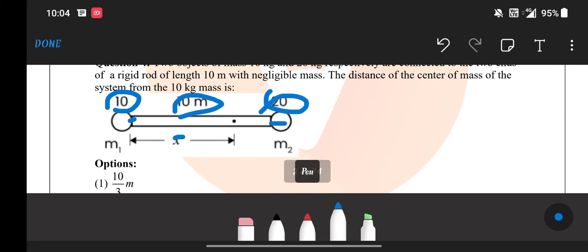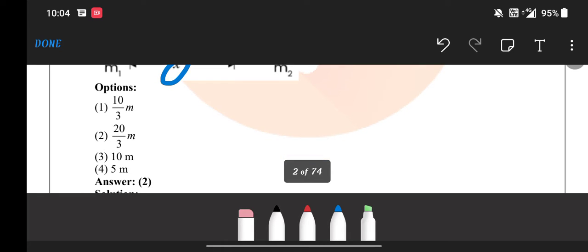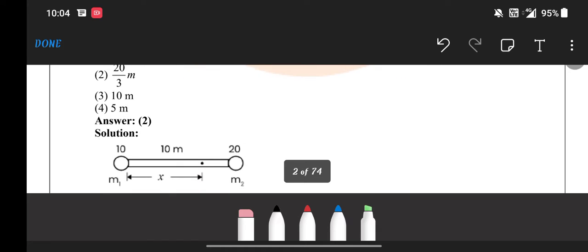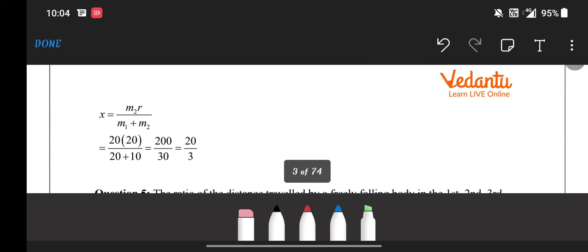The options given are 10 by 3 meter, 20 by 3 meter, 10 meter, 5 meter. So if we see the solution, the formula is x is equal to m2r by m1 plus m2. So m1 is 10 plus 20.